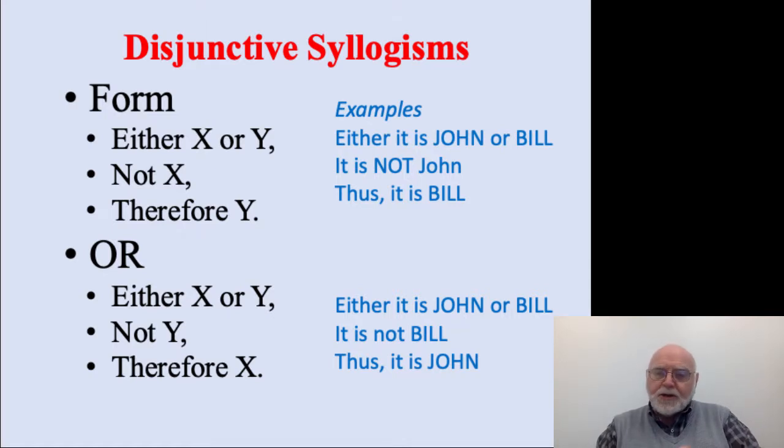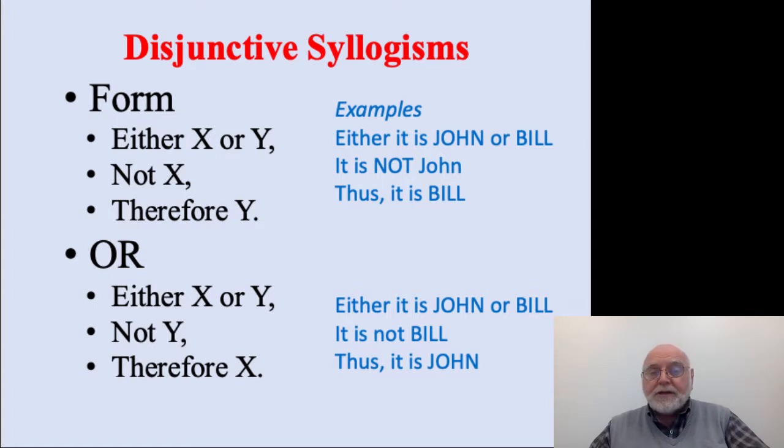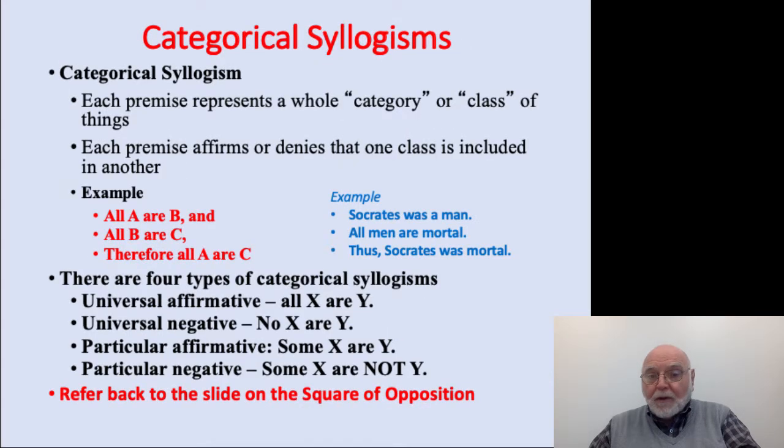And similarly, you can turn that around. Same fundamental idea. It's either X or Y. But this time it's not Y, thus it's X. Again, profoundly obvious. Now, what is important for you to note, especially as you're looking at the study sheet, is that questions in logic are not necessarily set out in the form you see here for a disjunctive syllogism or here for a categorical syllogism.